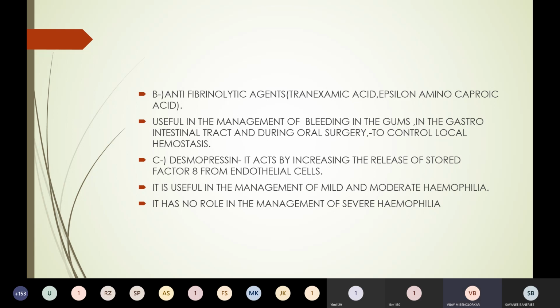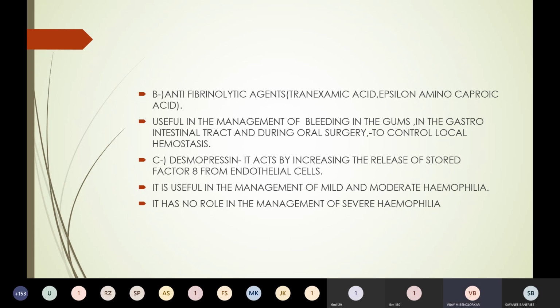Or anywhere during oral surgery, if you get bleeding, it acts and decreases the bleeding. So to control local hemostasis, this is useful. Bleeding from the GIT, also this is useful. So for any local application, epsilon amino caproic acid is useful.